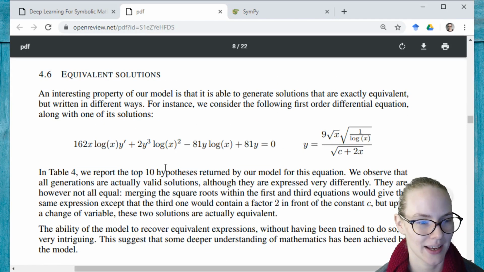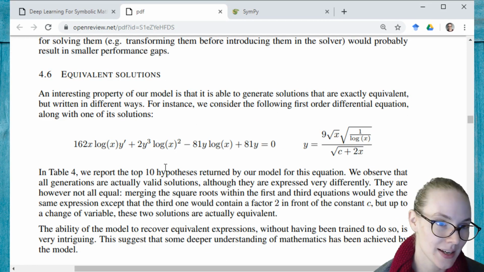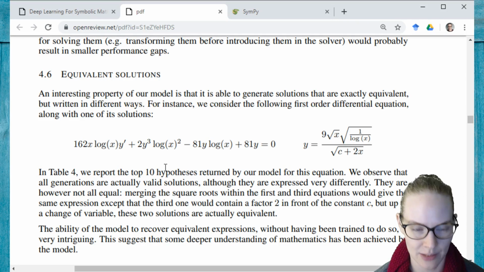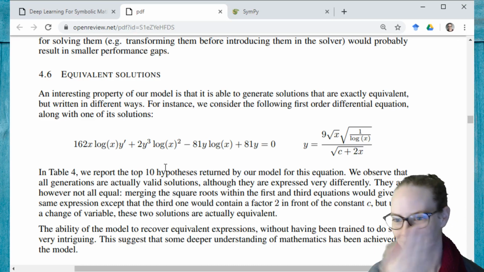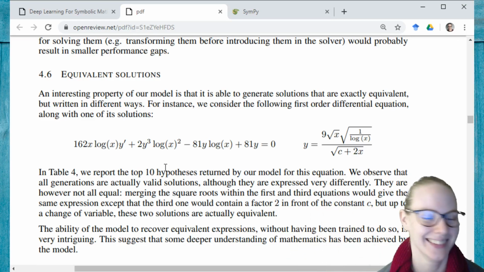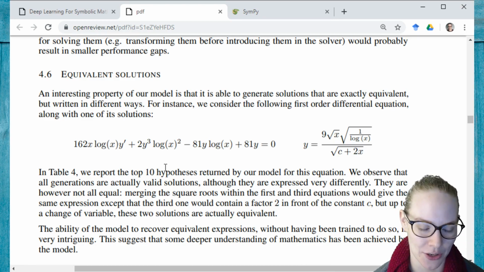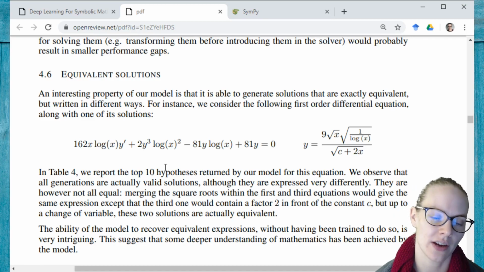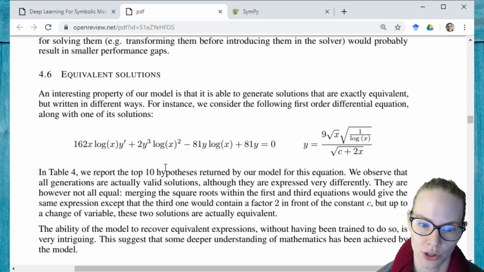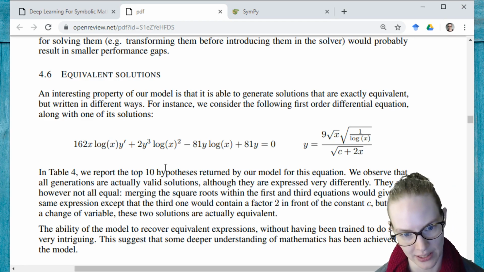All right, equivalent solutions. An interesting property of our model is that we are able to generate solutions that are exactly equivalent, but written in different ways. For instance, we consider the following first-order differential equations along with one of our solutions, as you can see. In Table 4, we report the top 10 hypotheses returned for our model for this equation. We observe that all generations are actually valid solutions, although they are expressed very differently.